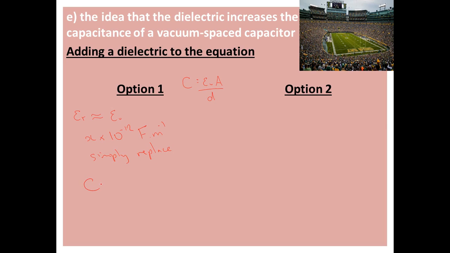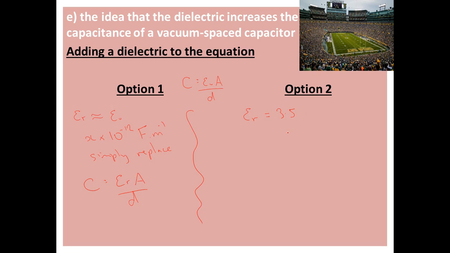So our equation will become that the capacitance equals the permittivity of the dielectric we're now using, multiplied by A, divided by D. Okay, so you'd be looking for values roughly around times 10 to the minus 12. The second option is when the relative permittivity is stated as an actual number. So you might have a relative permittivity of 3.5.